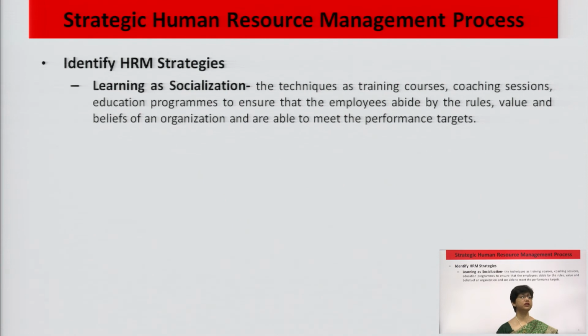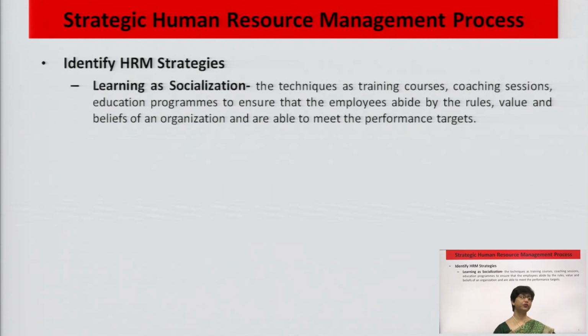This is possible by creating a learning environment through socialization, and they ensure that every employee follows certain rules and values of the organization during their training phase itself. Unless the employees complete the training process, they are not able to rise up in the organization.